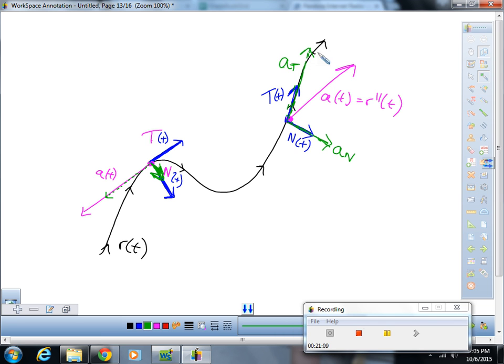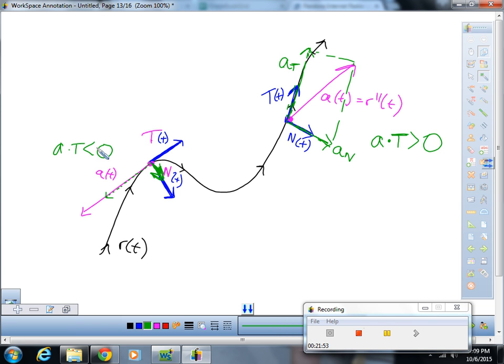And if you can imagine this green rectangle, the acceleration vector is going to be a sub T plus a sub N. I totally made up the pink vector at that point, just to illustrate what happens when, in this one, a dot T is positive, okay, and in this one, a dot T is negative, because those are going to be the two circumstances.